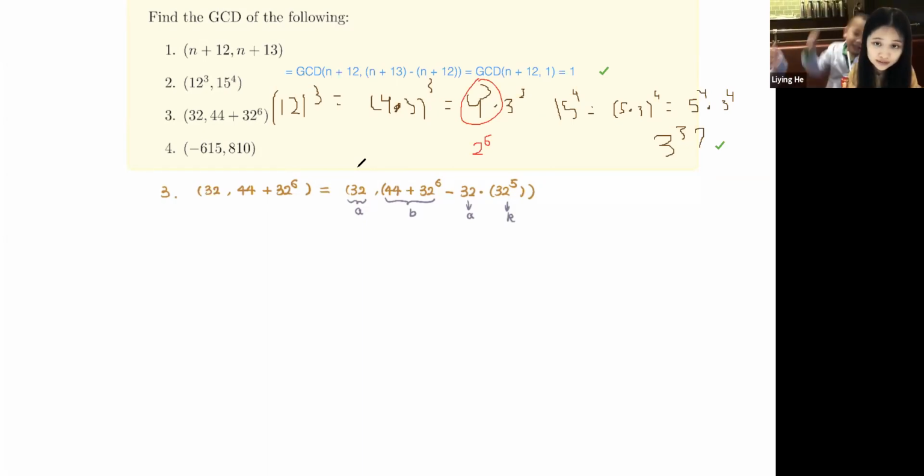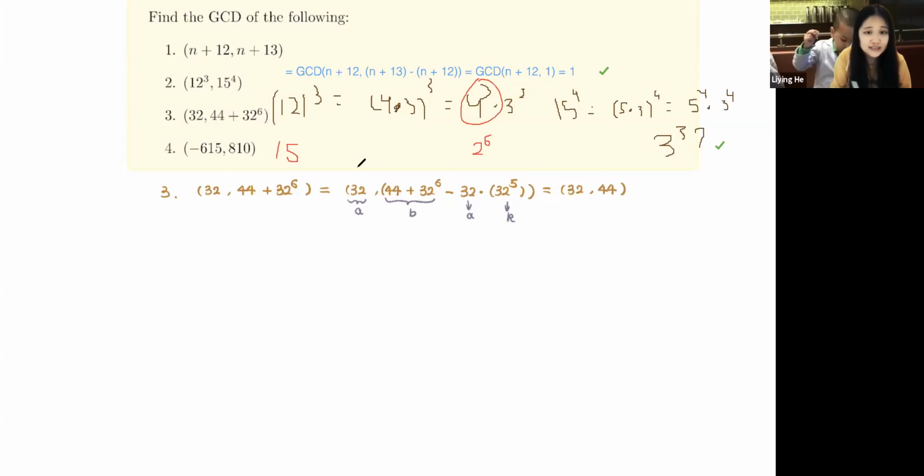Does that make sense? It's by the proposition we just mentioned before. So this will give you 32, 44. And what's the GCD of 32 and 44? Anyone know?